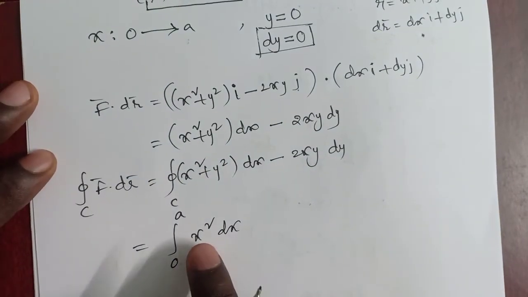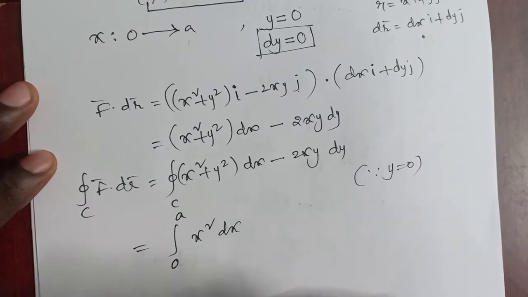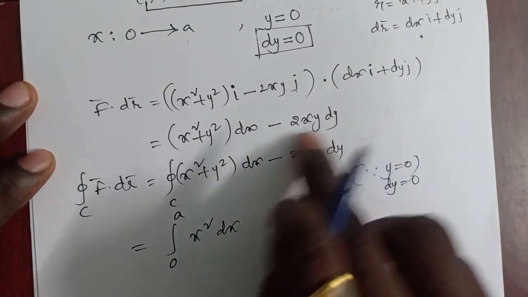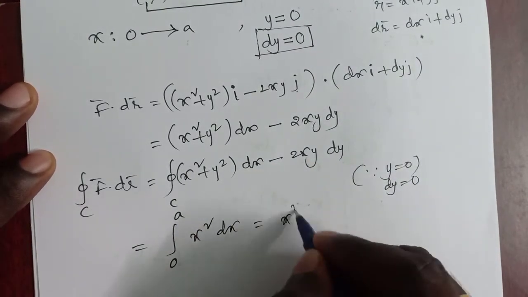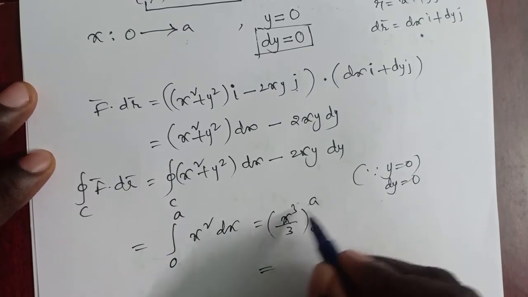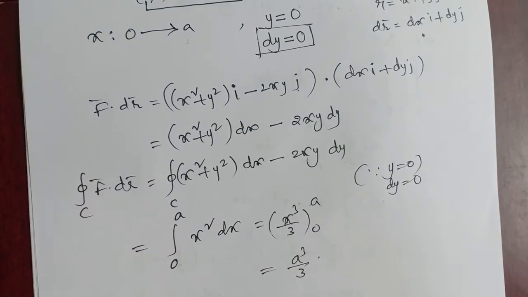Clearly we have the integral of x square dx, since y equals 0 and dy equals 0. The integration of x square is x cube by 3 with limits from 0 to a. Substituting the upper boundary, we get a cube by 3. So this is the first one.